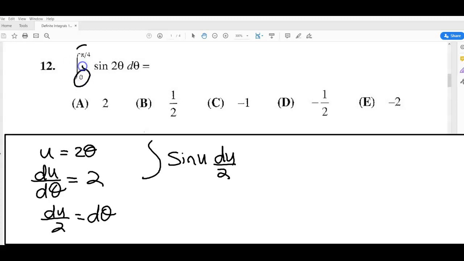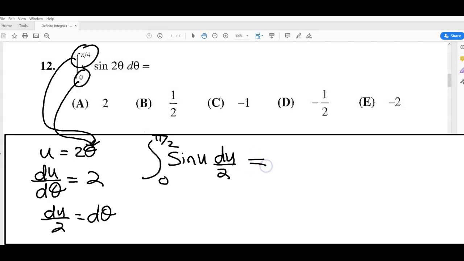We also need to change these now, right? So I'm going to go ahead and plug these values in. If I plug in 0, I get 0. And if I plug in pi over 4, I end up with pi over 2. 2 times pi over 4 is pi over 2.